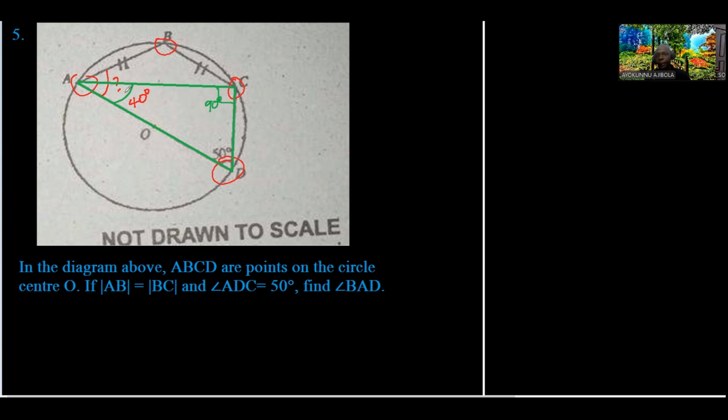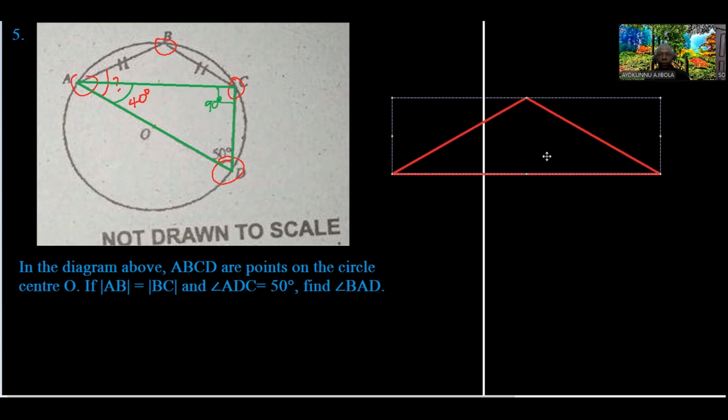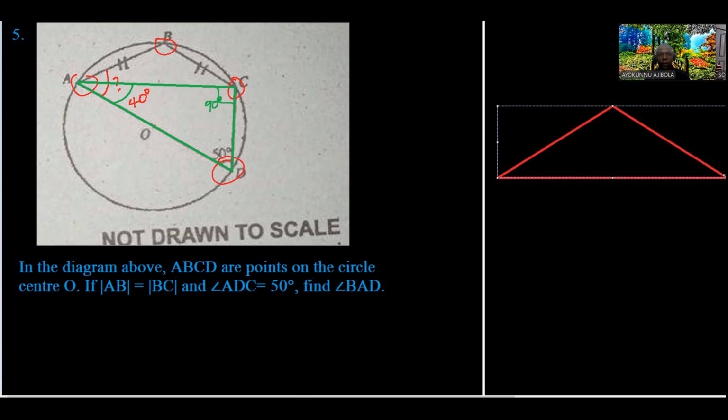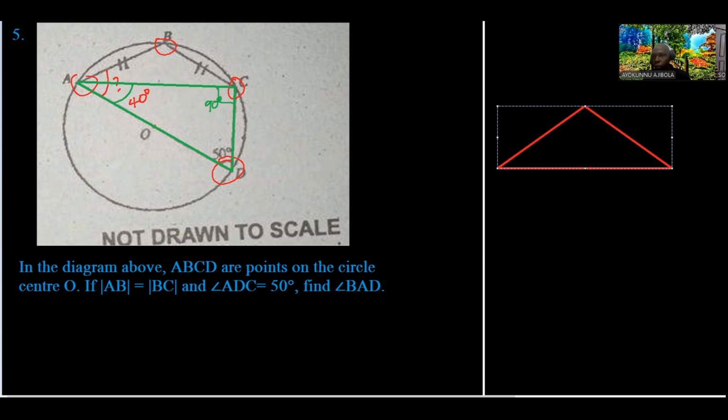Then from the triangle at the top, you can see that triangle at the top, right? Yes, sir. This is B, this is A, and this is C. So this is equal to this, meaning that the base angles will also be equal, okay?